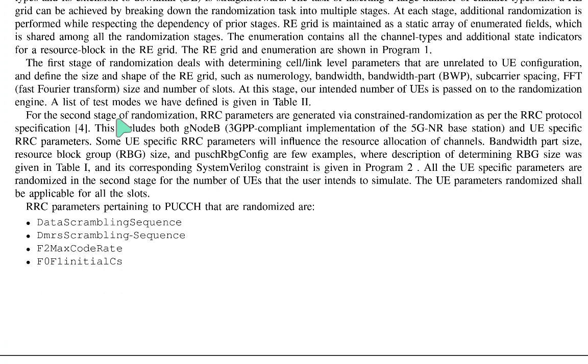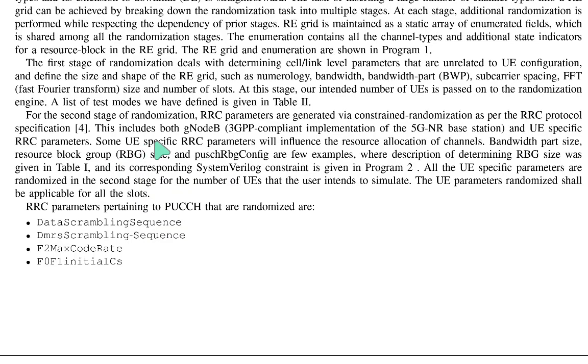For the second stage of the randomization, RRC parameters are generated via constraint randomization as per the RRC protocol specification. This includes both gNodeB, the 3GPP compliant implementation of a 5G NR base station, and the UE specific RRC parameters.